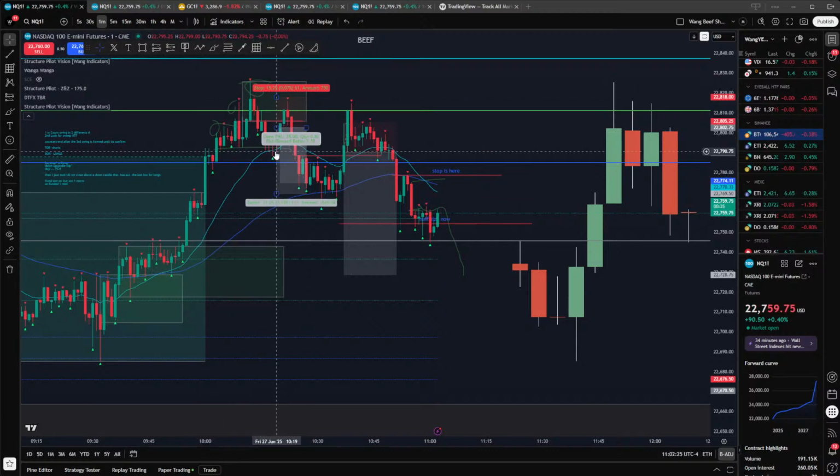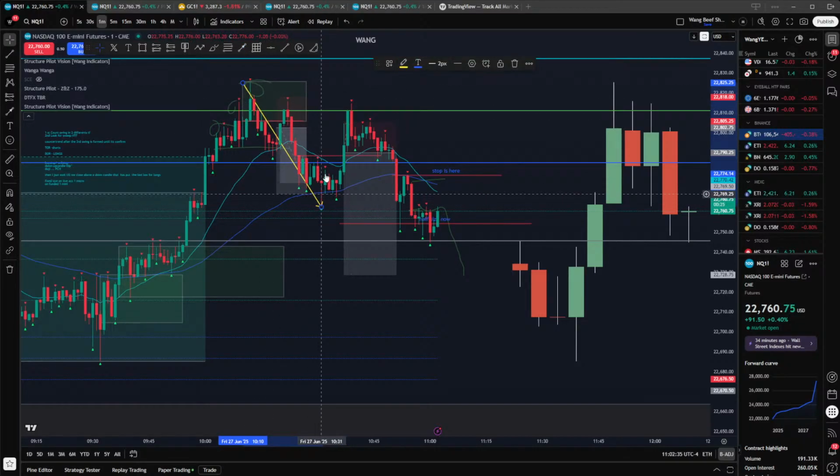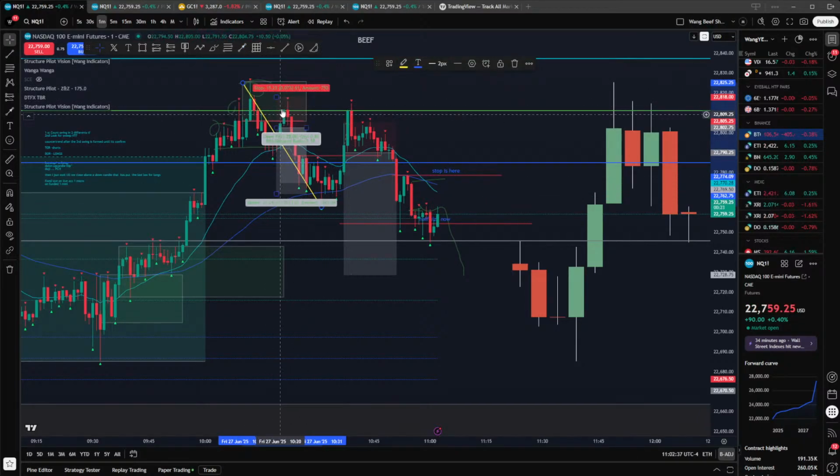Arguably, we didn't get the close here for the first down move. This one provided the close. This is why I was saying on this time frame at least this is this. So you have to be careful about trading from this high.